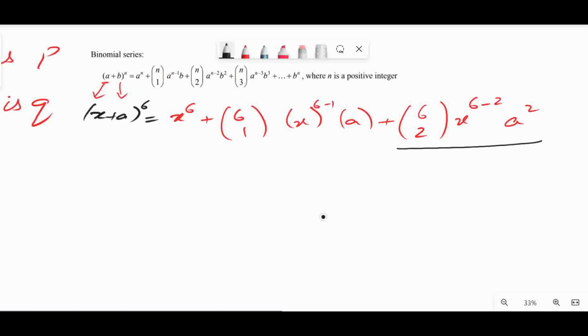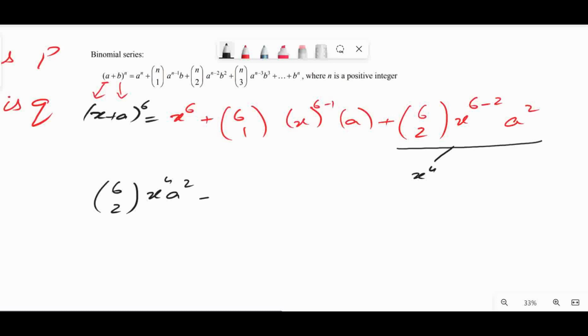In the expansion of the binomial series, this part gives us x^4, so there is no need to simplify the remaining terms. We can write it as 6C2 x^4 a^2.